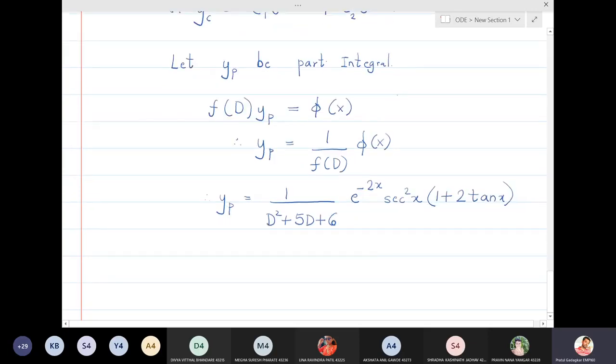As I told you, after this you should immediately factorize f(D). Once I factorize f(D), I will write it as d plus 2 into d plus 3, into e raised to minus 2x sec square x into 1 plus 2 tan x.